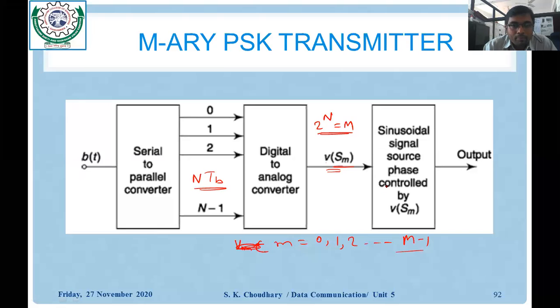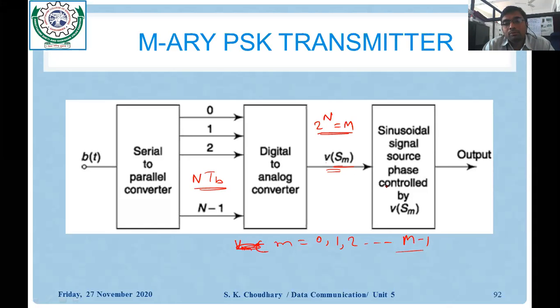In this way, we generate the M-ary PSK signal from the bit stream. First, it is converted using the serial to parallel converter. Now the n bit data is available in parallel to the digital to analog converter.